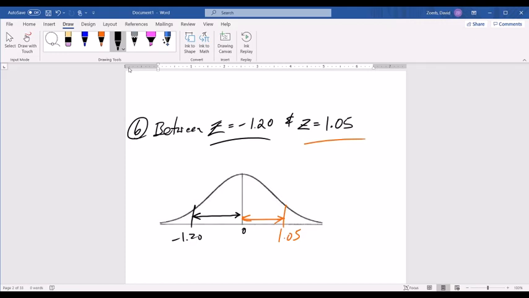So I first need to look up 1.20. So I go to 1.2 and 0, so 0.3849. Then I need to look up 1.05. So 1.0, go over to 5, and it looks like 0.3531.